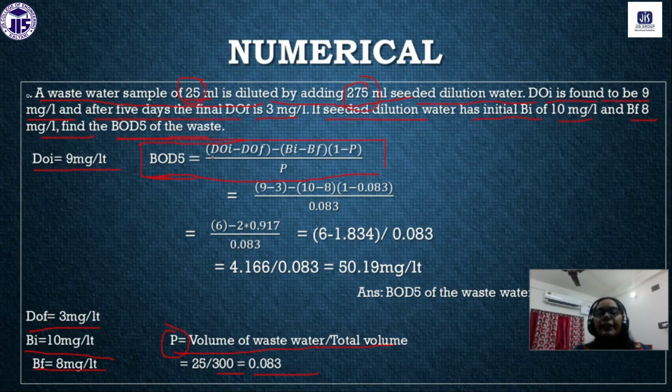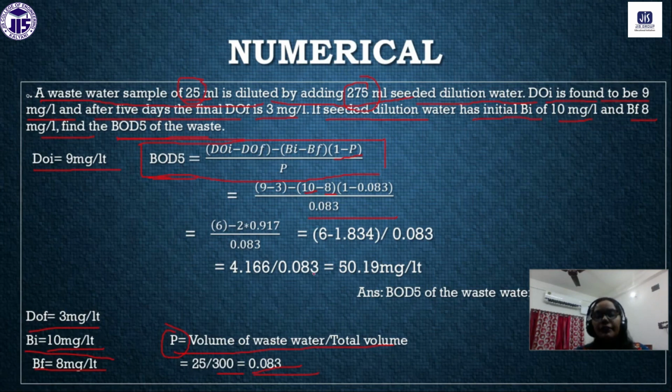So DOI already given, 9, minus DOF, that is 3, minus BI, given as 10 milligram per liter, and BF, that is 8 milligram per liter, into 1 minus P. 1 minus P value you have already calculated. So 1 minus 0.083, divided by P, again 0.083.